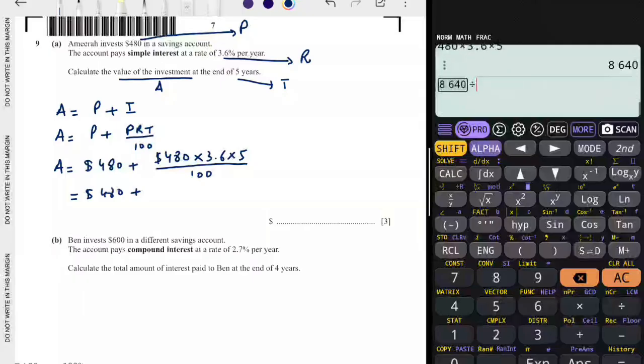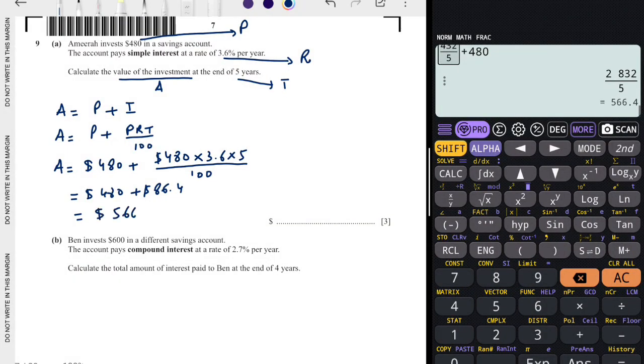Divide by 100. So this becomes $86.4. Now we are going to add both values. So it will be plus 480. So the answer would be 566.4. Next question.